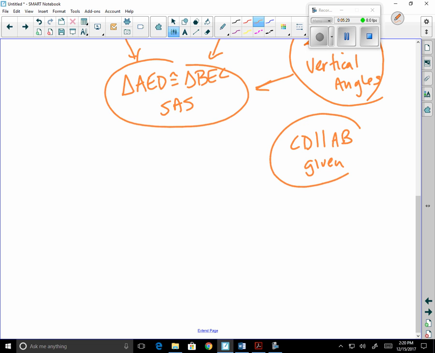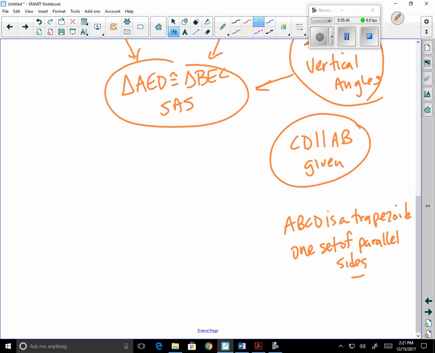And what that tells us is ABCD is a trapezoid because it has one set of parallel sides. So now I know it's a trapezoid.